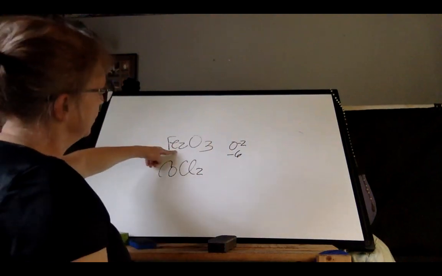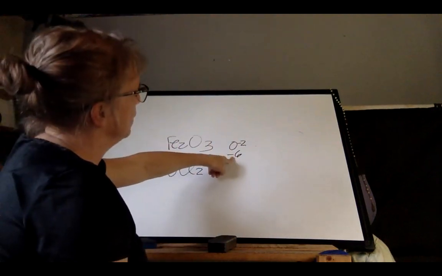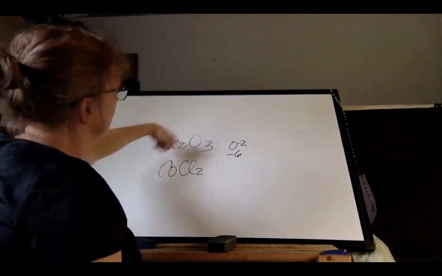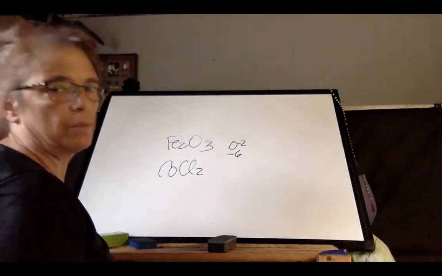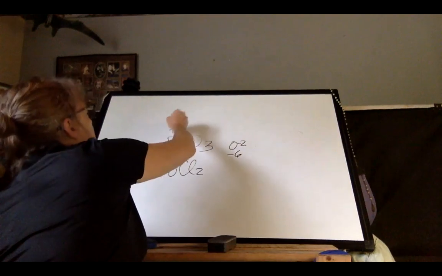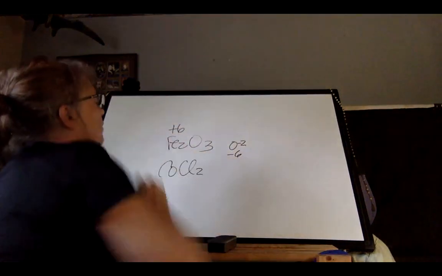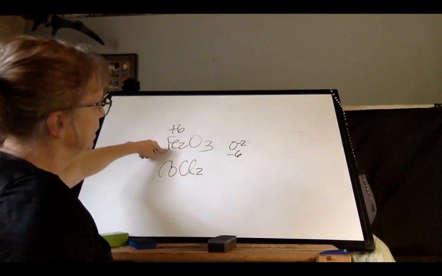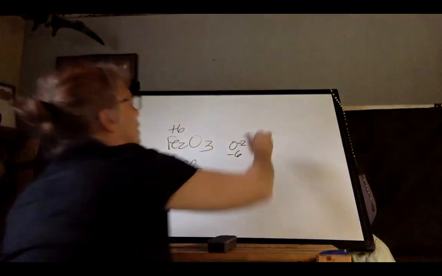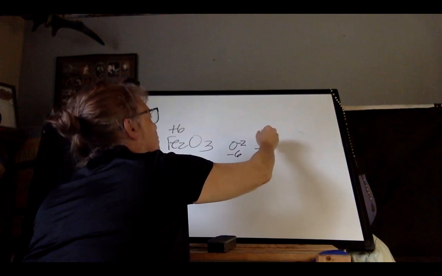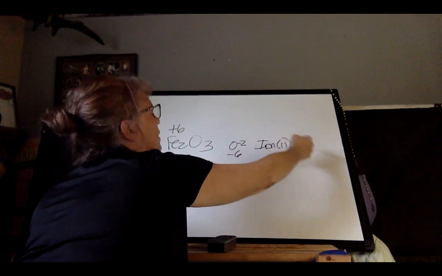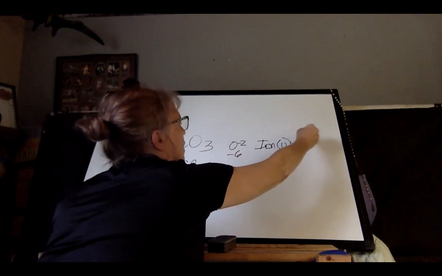There's 2 irons, so the -6 has to balance out with the irons, so the total charge on the irons has to be +6. That means each one of those irons has to be +3, because +6 divided by 2 is +3. So the name of this compound would be iron(III), for the +3 charge, oxide.